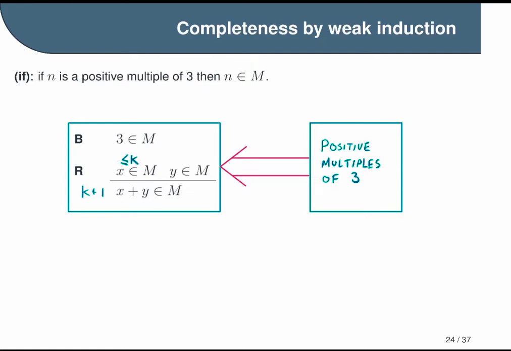Remember, a number is a positive multiple of 3 if it can be written as 3 times some other number, when that number itself is a positive integer, right? So we'll say n is a positive multiple of 3 if it can be expressed as 3 times k, where k is some positive integer.